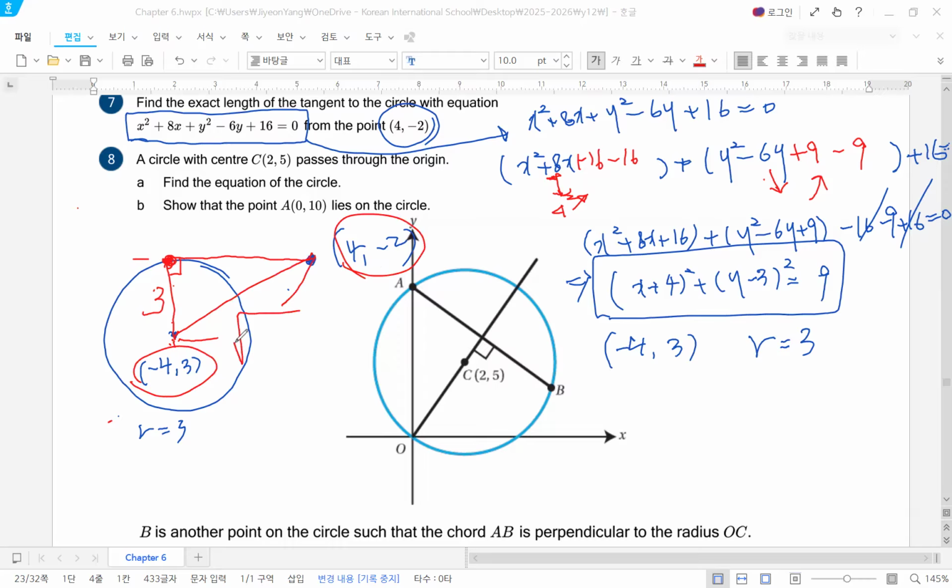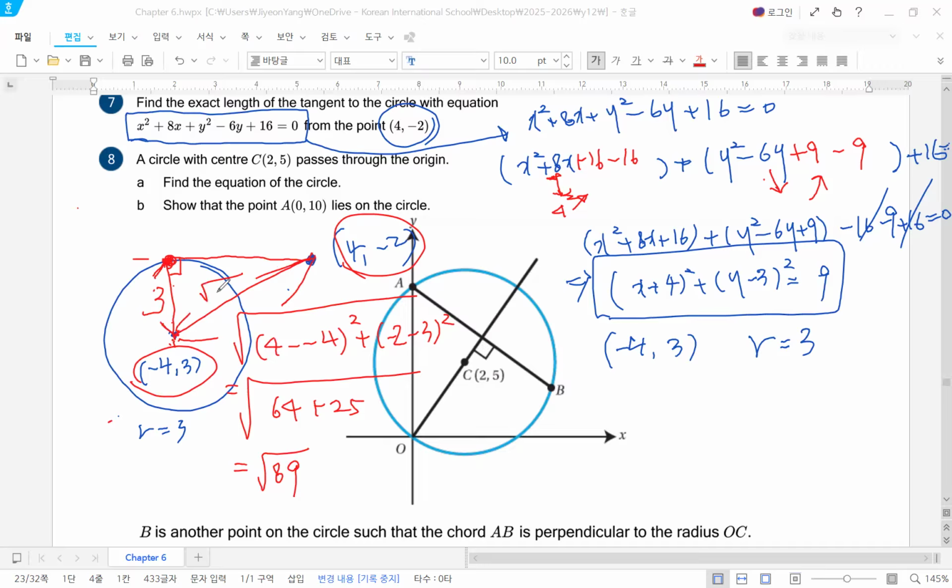Then square root of (4 minus 4) squared plus (negative 2 minus 3) squared, which is square root of 8 squared, 64 plus 25. So the length is square root 89. Understand? Then this length is 3 because it's the radius of the circle. This length is square root 89.